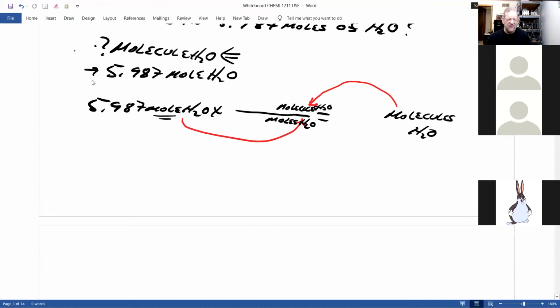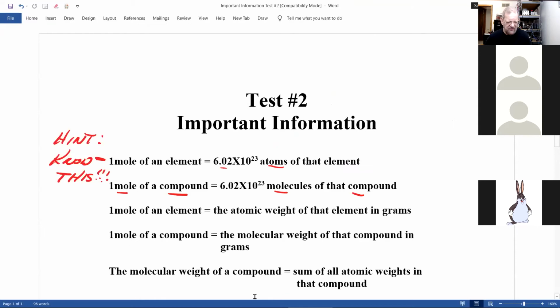Now, where do I get these numbers? Well, remember, if you have something equal to something else, you have 2 ratios, A over B and B over A. So do I have a relationship of moles equal molecules of water? And the answer is yes, you do. If you look at important information, 1 mole of a compound equals Avogadro's number of molecules of that compound.